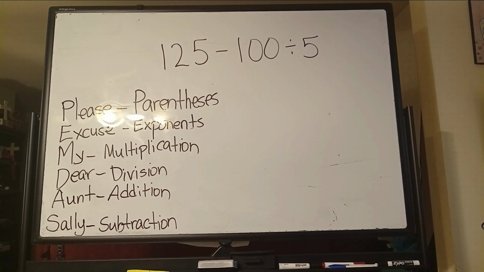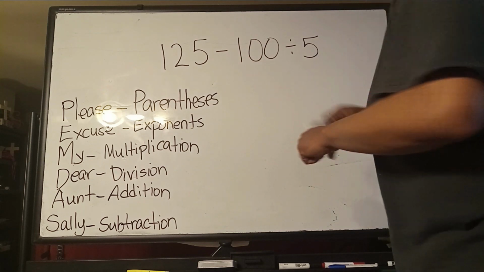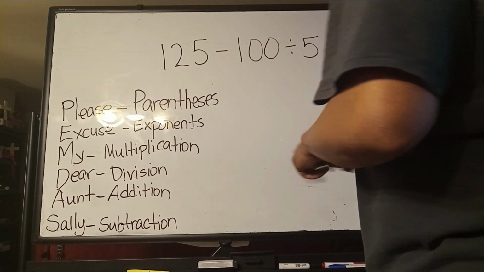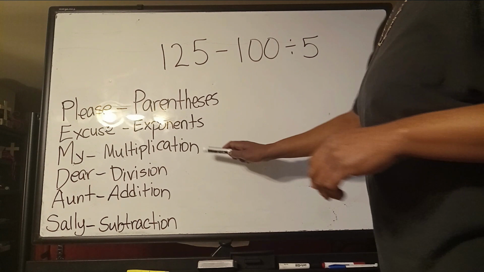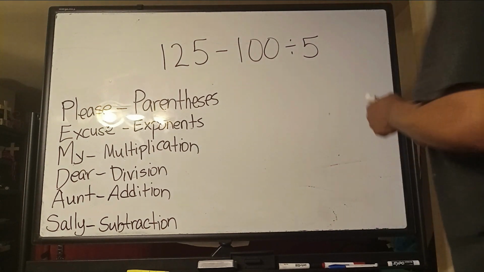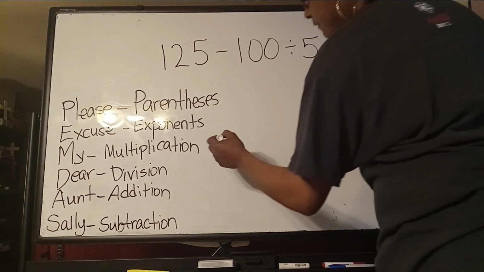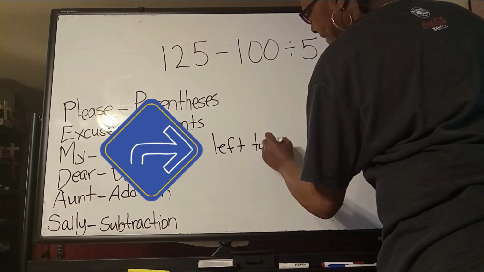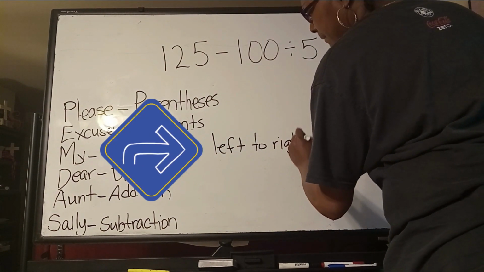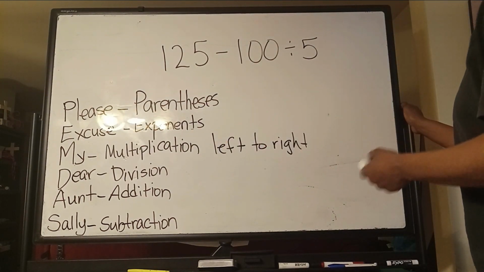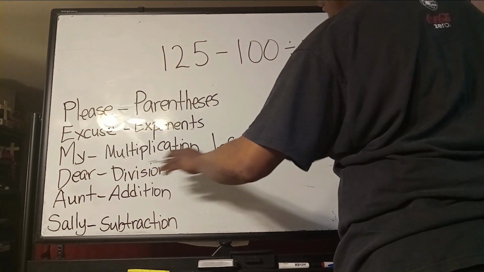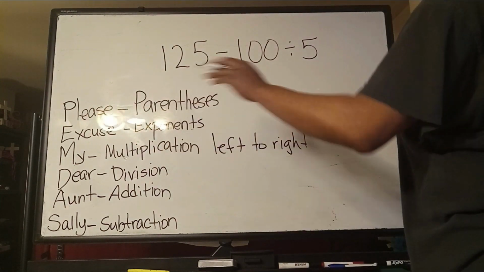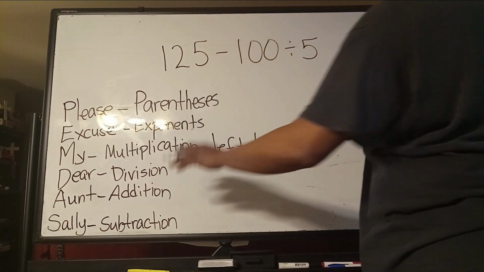So we have to do parentheses first. That's absolutely first. Then we move on to our exponents. Now, the thing about multiplication and division, these both are done from left to right, meaning whichever comes first in the equation, either multiplication or division, but not before addition and subtraction.